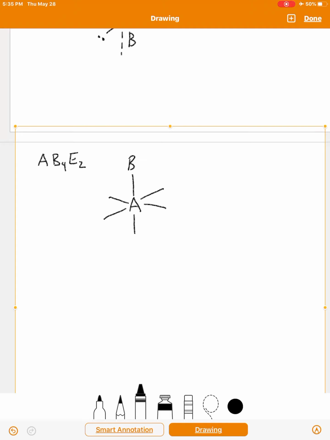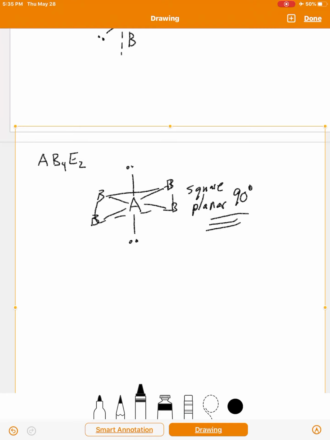It's a little bit better visually if you do it this way. If we put the 4 surrounding atoms like so, and put the 2 lone pairs like this, you get a little square, right? So that's a square planar. That's the one we saw with ICl4 minus. And the angles are all 90 degrees.